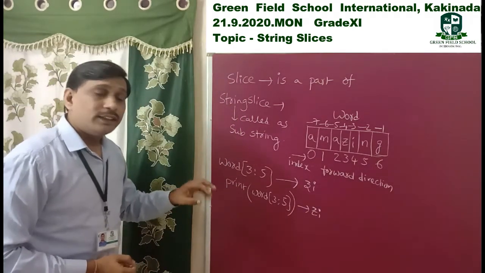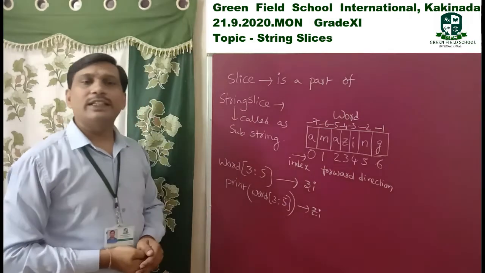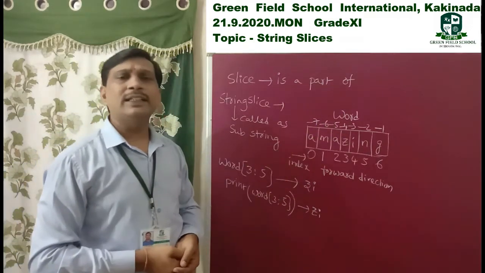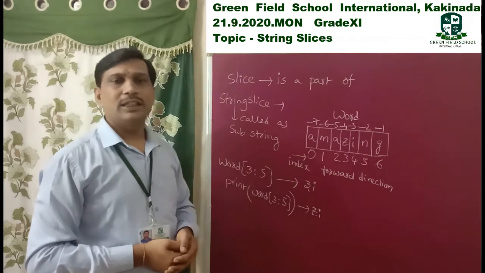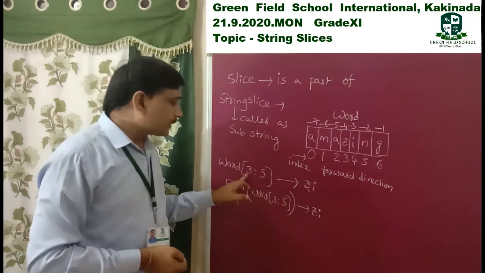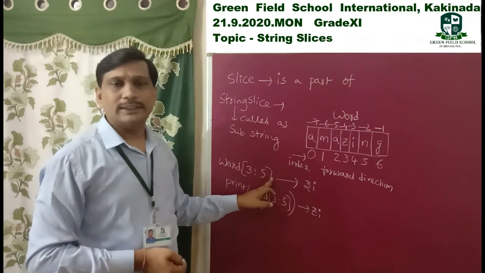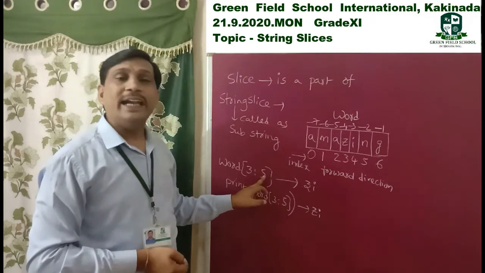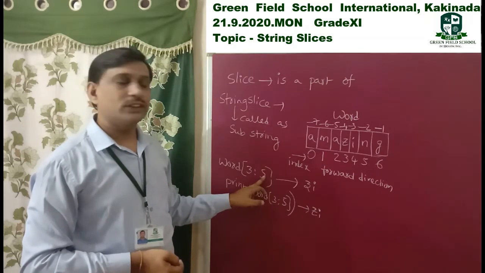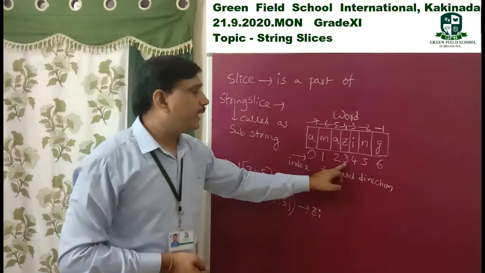So this is one string, and this is also one string that is created from the given string. We can access some of the characters starting from one index to an ending index. Here the ending is not included, so that's why we consider only 3, 4.